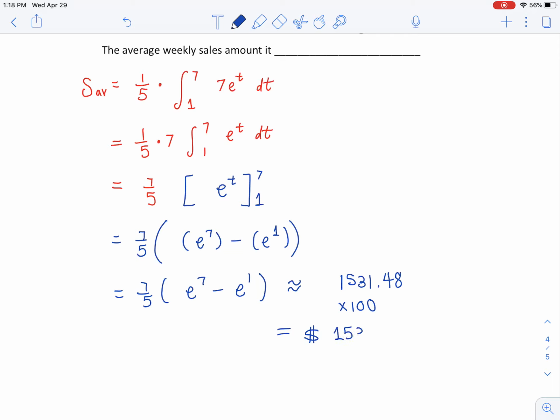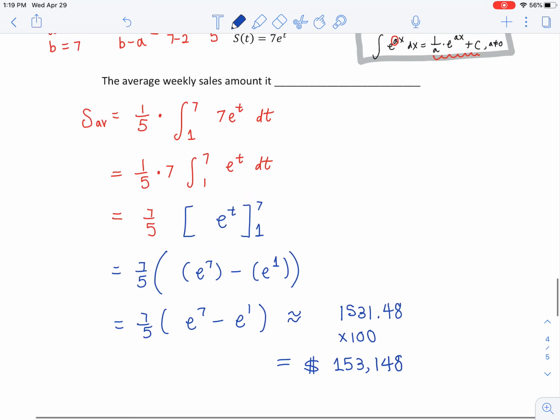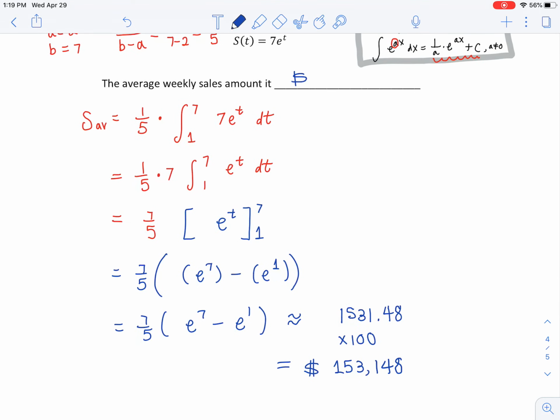So the average weekly sales amount is, move 2 to the right, that's what you're going to report.